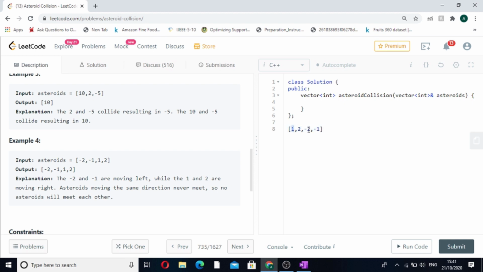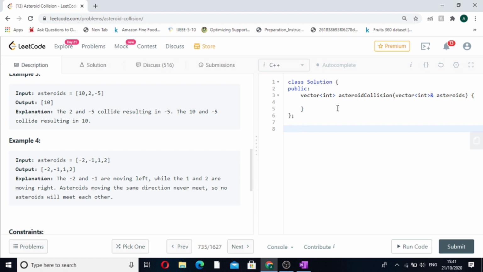We already have 1, as 2 and -2 are over. Then this -1 will collide with 1, because 1 is moving on the right side and -1 is moving on the left side, so they have a common point. So in this case also the collision will happen and the answer will be 0, which means the empty vector.